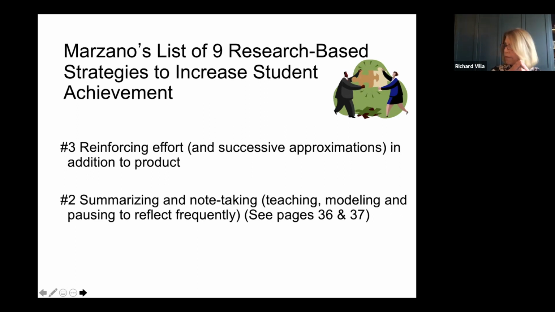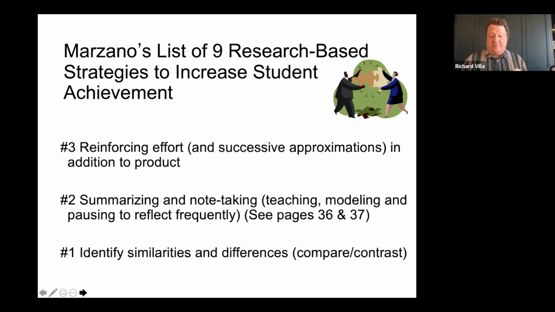And there's one left. There is, number 1. The most highly correlated with increased student achievement is students being able to identify similarities and differences, compare, contrast, categorize, classify, Venn diagram, a perfect example here. Why?